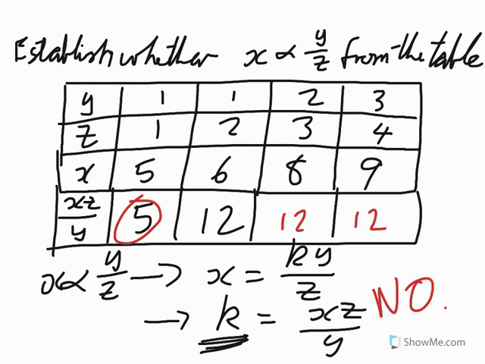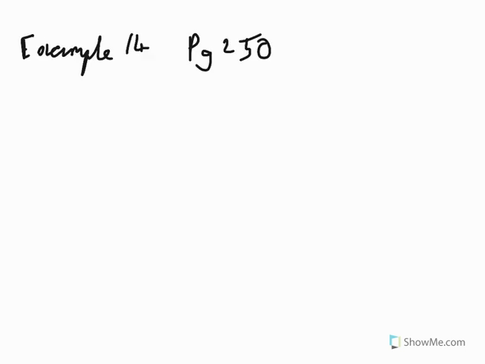Alright, so let's have a look at some other questions, a couple of worded examples. We'll work from the textbook here, and we'll look at example 14, page 250, which says the volume V of a cone varies jointly as the square of the radius and the height, in centimetres.